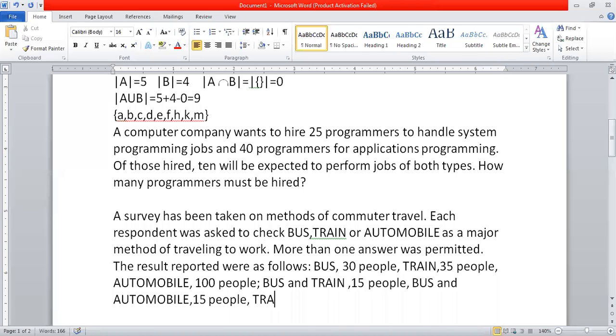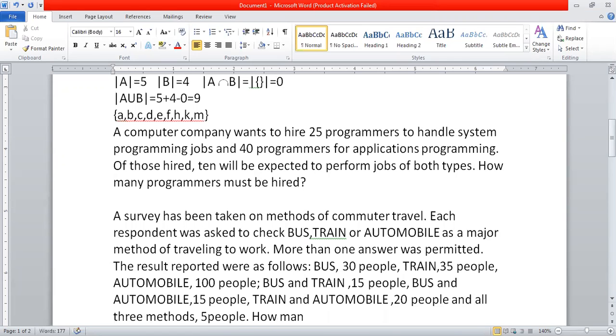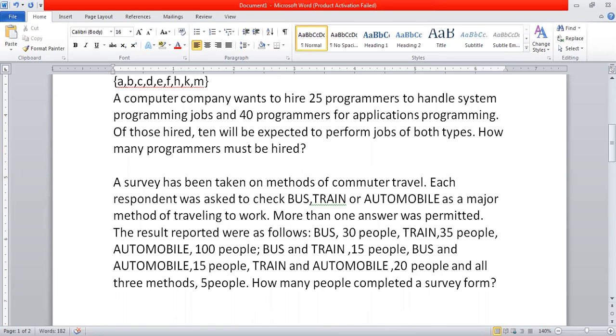Train and automobile, 20 people. And all three methods, 5 people. How many people completed a survey form? Okay, now in this case how many variables you have, how many sets you have?